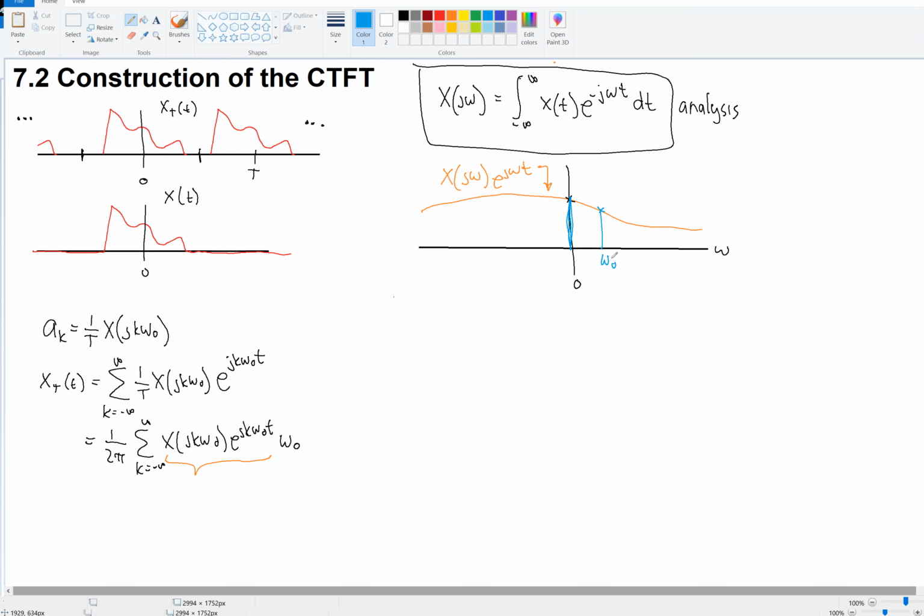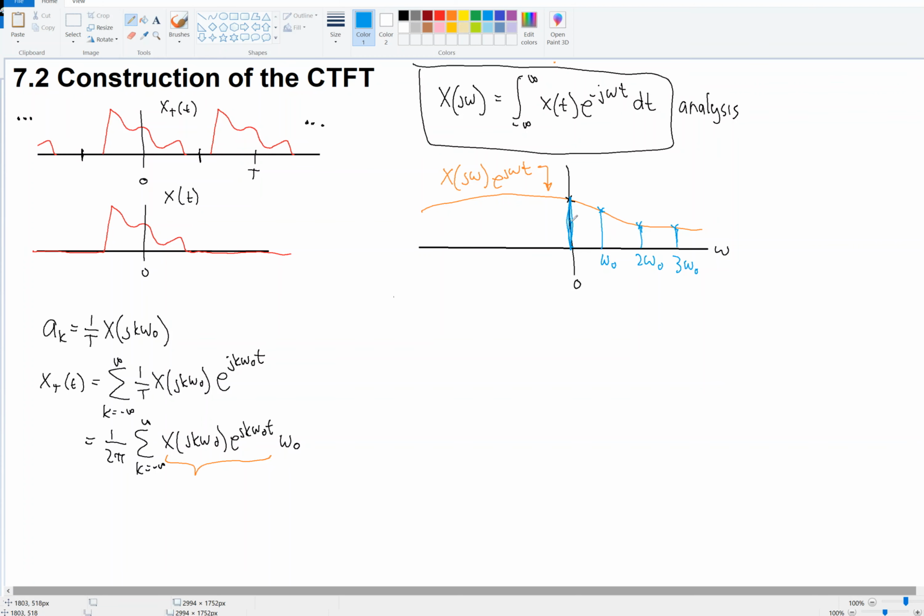So this would be the first harmonic, omega 0, and then we plug in the second harmonic, 2 omega 0, and the third harmonic, and we do this forever, right? That's what we're saying here. We have a sum of this thing at k omega 0. Okay, so that gives us the height at these equally spaced points. And then we multiply that by omega 0.